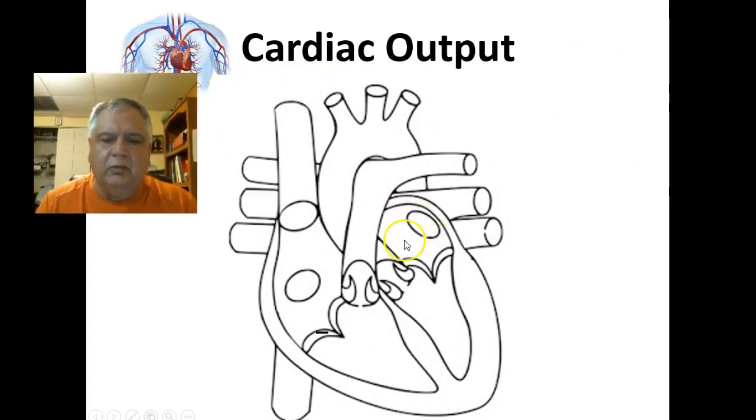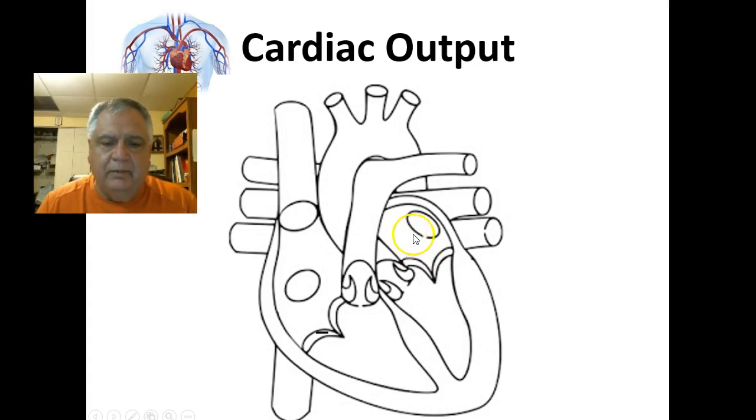As the oxygen-rich blood enters, it is immediately going to begin draining through this valve right here, the bicuspid or mitral valve, right? That's the AV valve between the left atrium and the left ventricle. So the blood naturally is going to drain down through here and begin to fill the left ventricle.